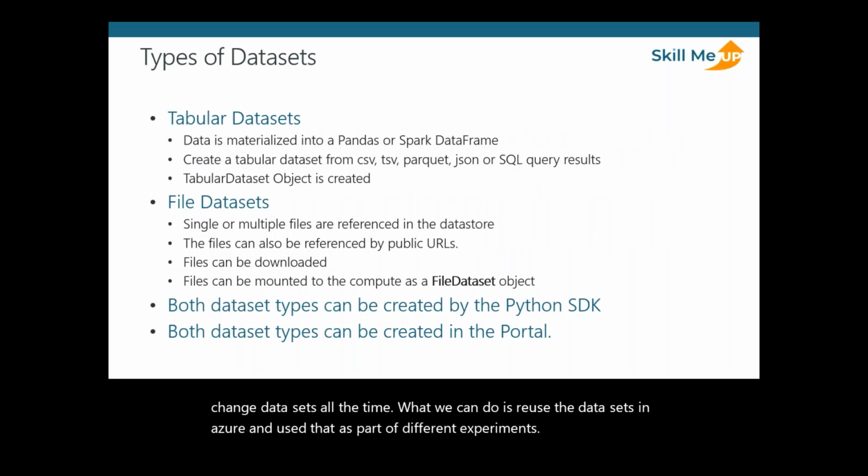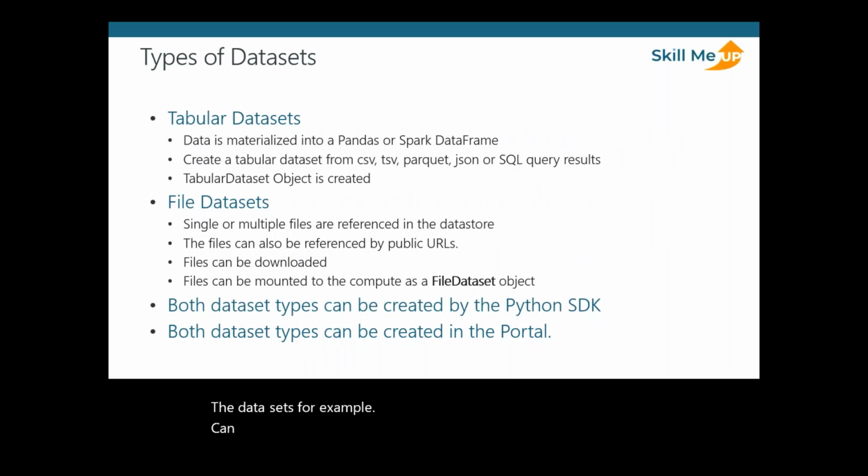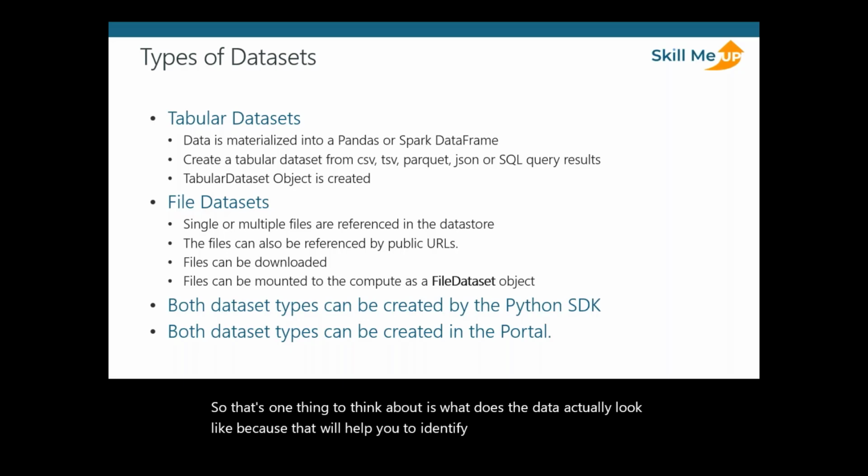The datasets can also tell us whether the data is a tabular dataset or whether it's just a file dataset that needs a structure or a lens put on it. So that's one thing to think about: what does the data actually look like? Because that will help you to identify if you need to do more data processing than you'd originally thought.